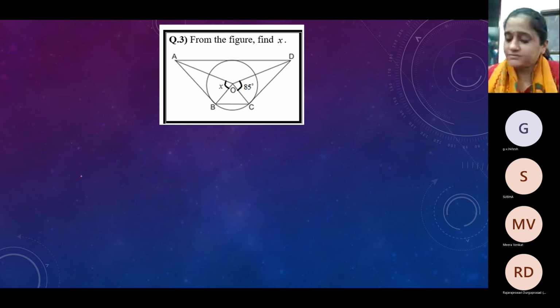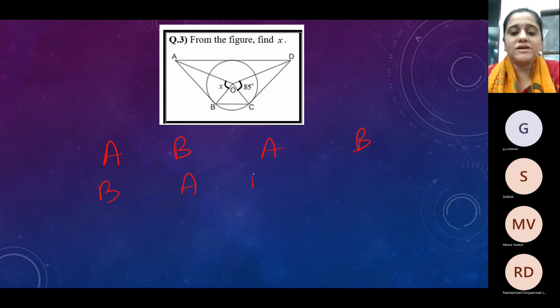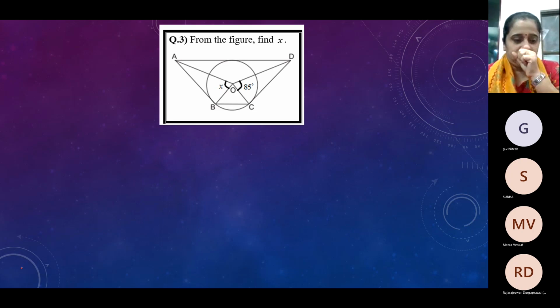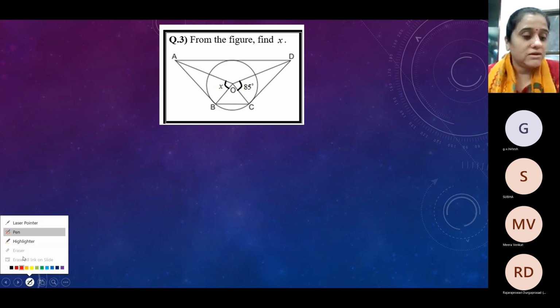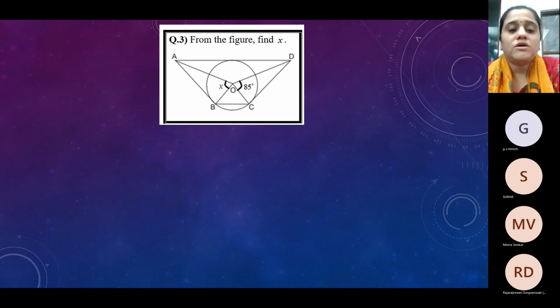It's like we say, A is B's father, B is A's son. So like that. In the same way, the circle is inscribed in the quadrilateral. The quadrilateral circumscribes the circle.